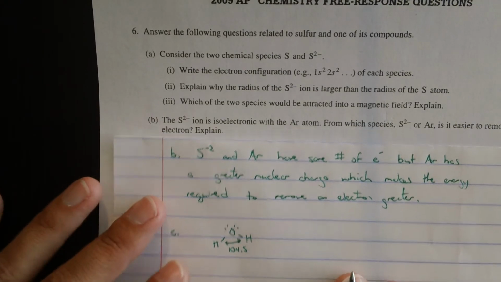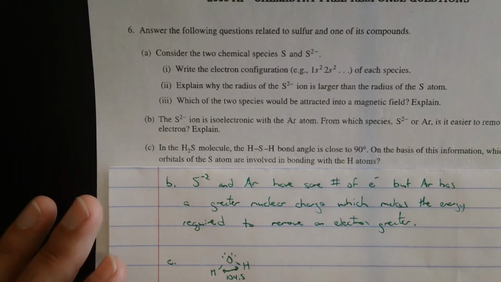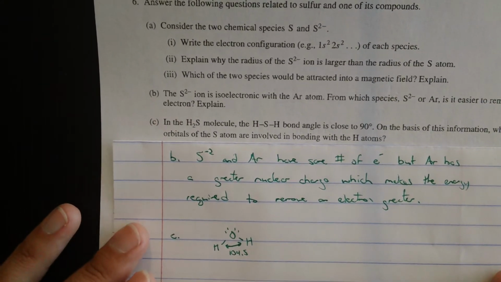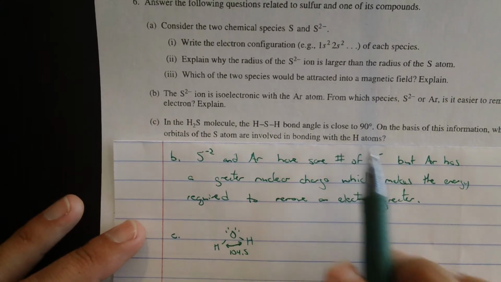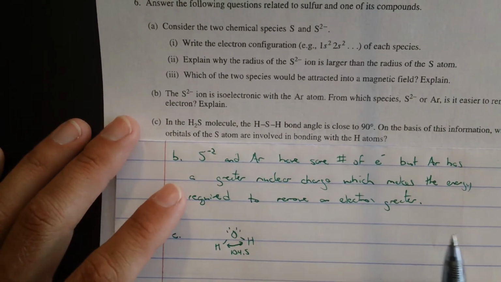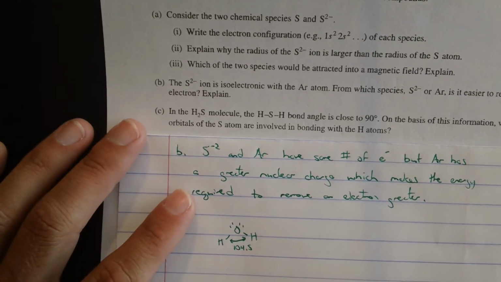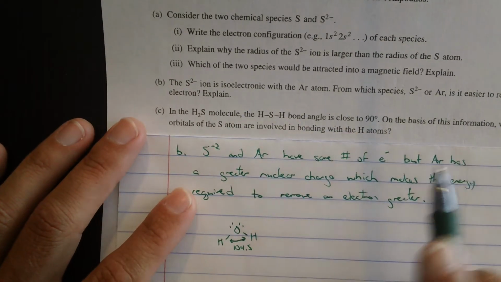H2S, it's telling us, we don't get to argue with what they say. It says the bond angle is close to 90. It's about 92 degrees. I looked it up a second ago. So that's real information. On the basis of this information, which atomic orbitals in the S atom are involved in the bonding with the hydrogen atoms? I dislike this because it's hybridized.